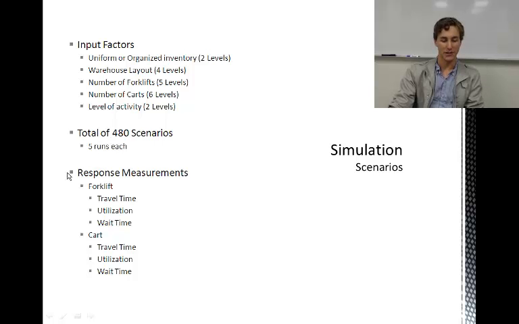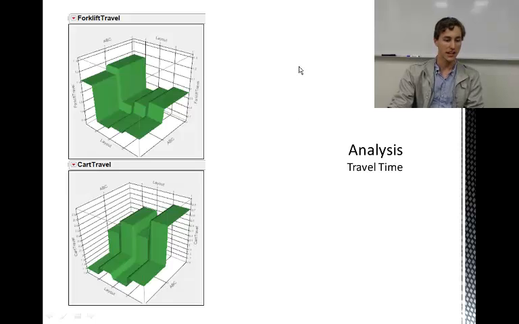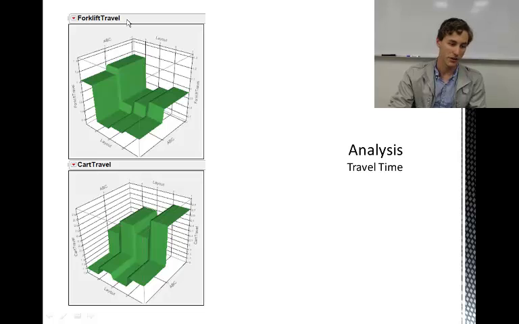And then we're going to look at the response measures for the forklift and the cart: the travel time, the utilization, and the wait time of the items wanting to use that mode of transportation. So for the analysis, this graph is probably pretty tough to see, but this is the forklift travel time, this is the cart travel time, based on whether or not the inventory is organized.